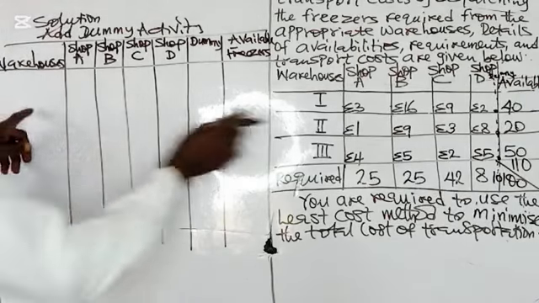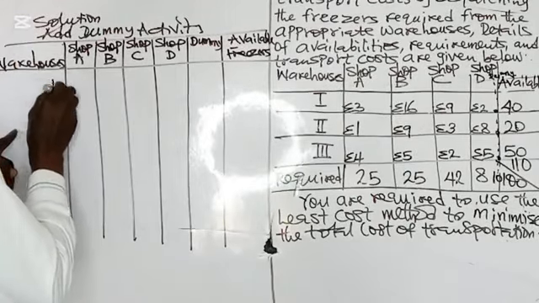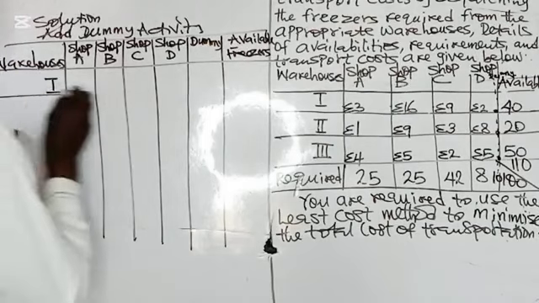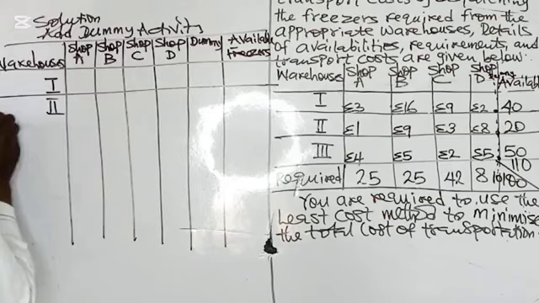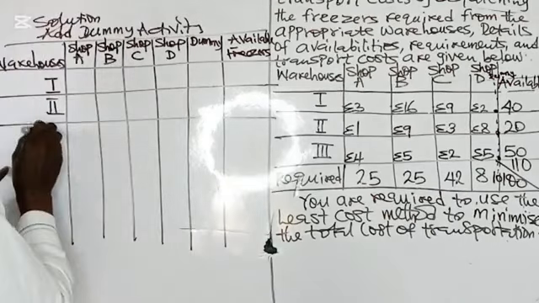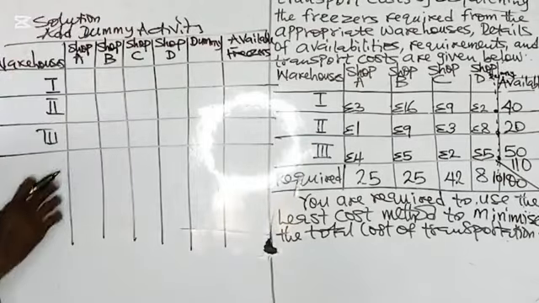So we have warehouse 1, 2, and 3. These are the three warehouses we have.